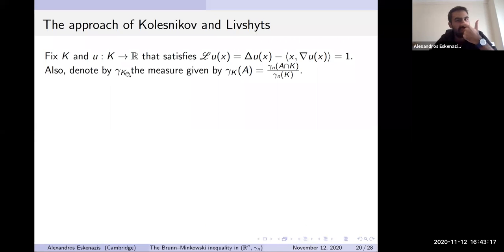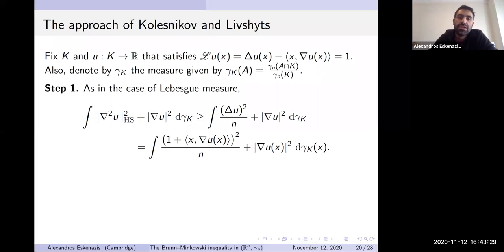And I'm going to denote by gamma sub K the Gaussian measure restricted to the convex set K. So it's the Gaussian measure of the intersection divided by the Gaussian measure of K. So the quantity that I'm interested in is the integral d gamma K of the Hessian squared plus the gradient squared. What they do is that they apply exactly the same inequality.